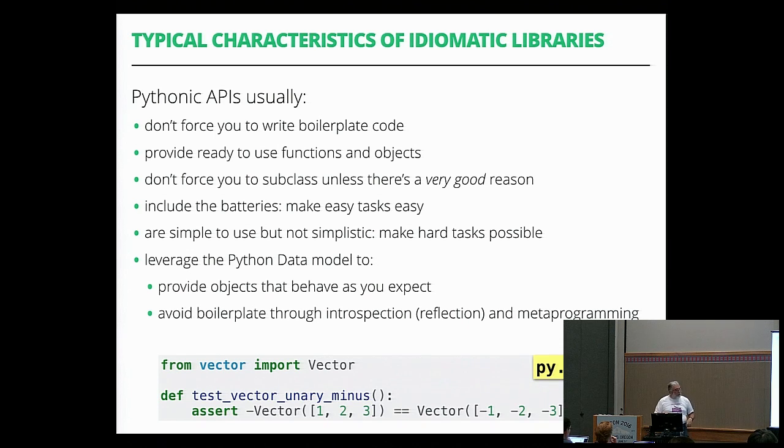And so you can run real functional tests with the performance of many machines. And finally, they leverage the Python data model to provide objects that behave as you expect and avoid boilerplate through introspection, which the Java community calls reflection. We call that introspection, and metaprogramming. Okay? So, any questions about these examples or comments?